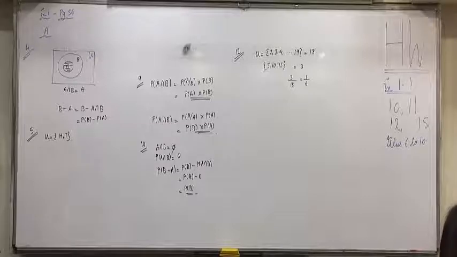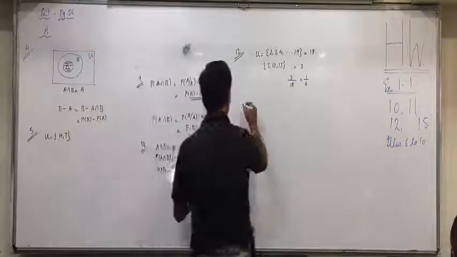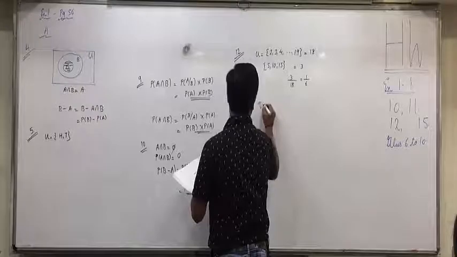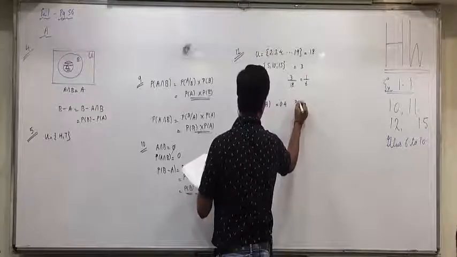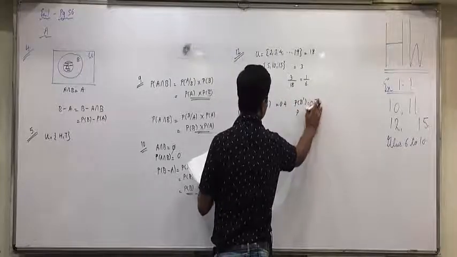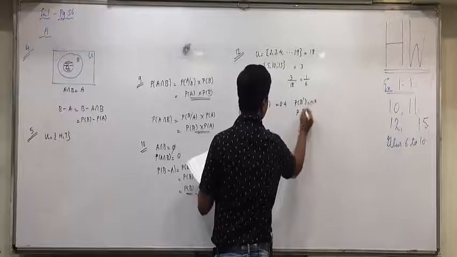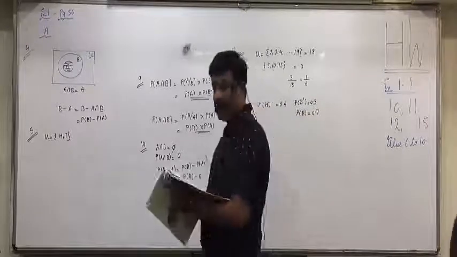P(A) equals 0.4. P(B not) equals 0.3. What will P(B) equal? 1 minus 0.3 means 0.7. Right above that itself, if P(B not) is 0.3, P(B) will be 0.7.